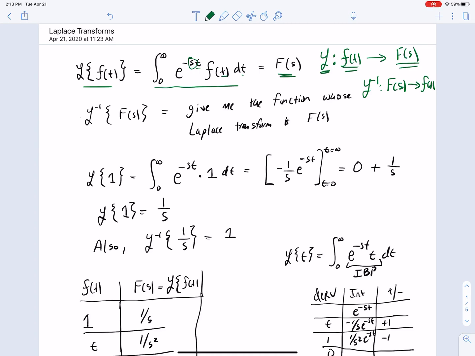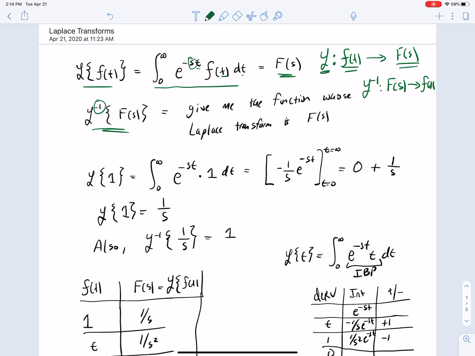For now, I'm just going to say that the inverse transform, which we denote with a to the minus 1 there, is answering the question of what function. It says, give me the function whose Laplace transform is big F of s.